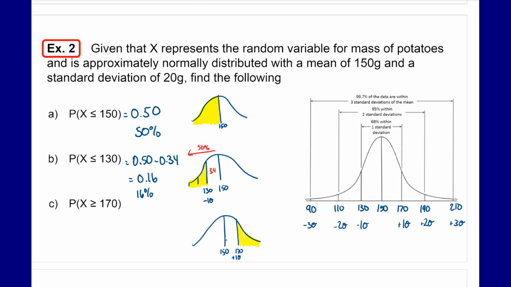You could say, okay, well, everything above 150 has to add up to 50%, because that's the upper half. 170 is that mark for 1 standard deviation. So between 150 and 170, there's 34. And then everything above is going to be the difference between 34 and 50. So in this case, I can do the exact same thing.